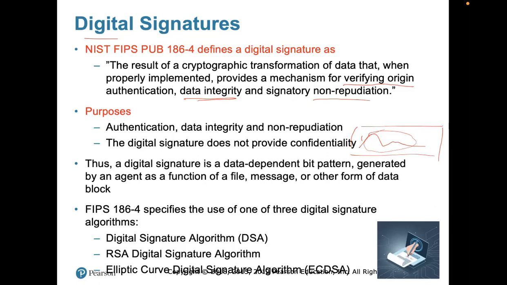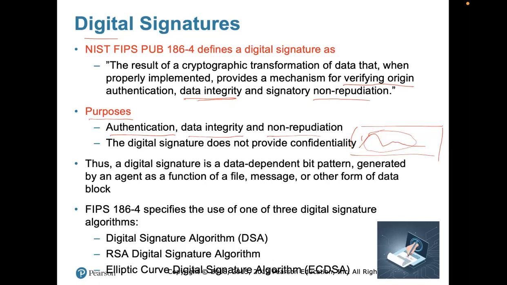In a way, it's a two-directional certificate. First, you trust me and you realize that it was me, and I cannot claim that it wasn't me. So that's why we say that the purposes of digital signatures are user authentication, data integrity, and non-repudiation.